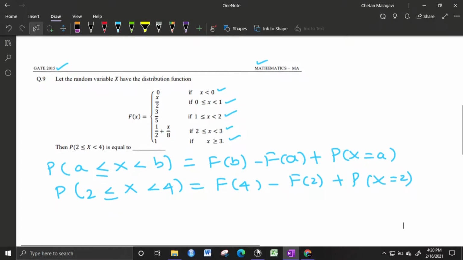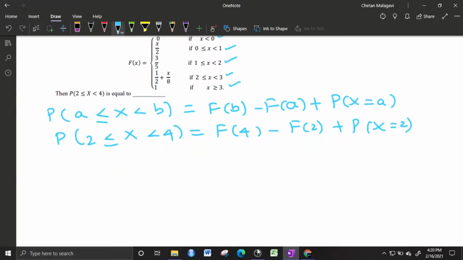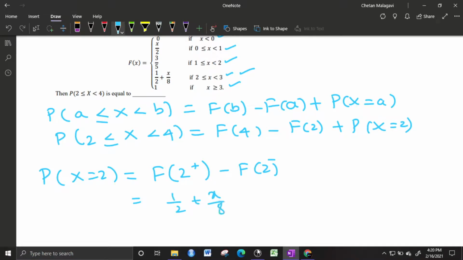First let us calculate the probability of x equal to 2. This is nothing but F of 2 minus F of 2 minus. Here x is included, so we take 1 by 2 plus x by 8, where the value of x now is 2, minus, here x is not included, so the value is 3 by 5.